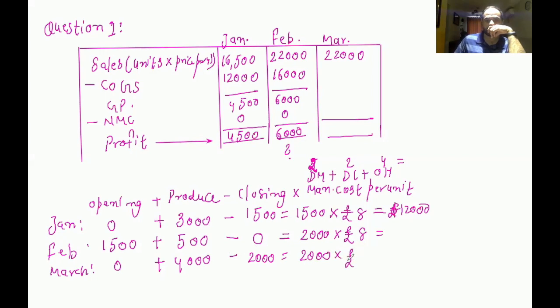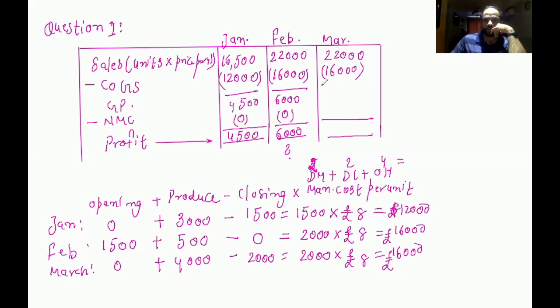Multiply by 8, which is 16,000. That's also 16,000. So that's your 6,000.